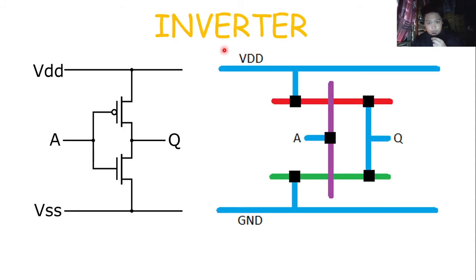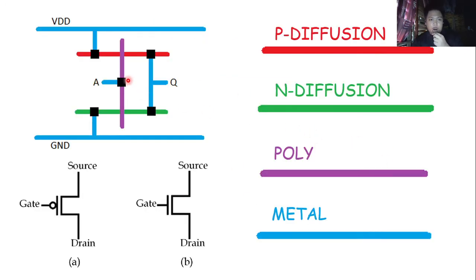Here is an example of an inverter circuit. This is the initial circuit and this is the final stick diagram. I will tell you the connections later. First, I will talk about the purpose of each colored line or layer in the stick diagram. The red line is the P diffusion, which represents the PMOS transistor in the circuit.